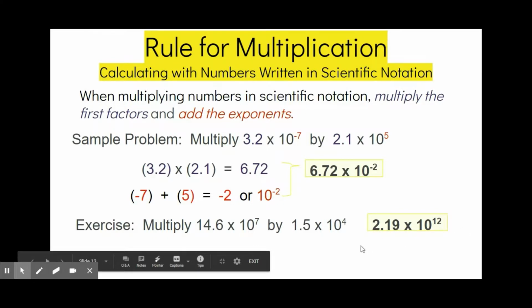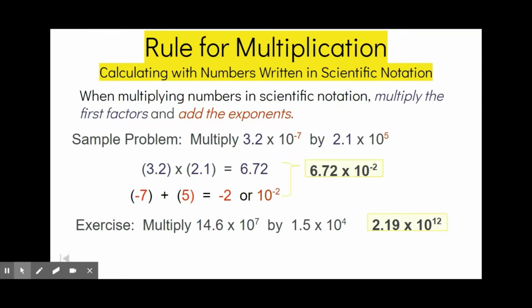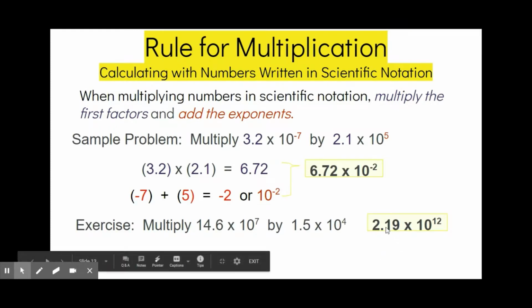But the goal of scientific notation, remember, is to get the decimal point behind the first non-zero number. And that means that it should wind up as 2.19, not 21.9. That does also mean that your exponent here would change from an 11, despite 7 plus 4 equaling 11, to a 12, because you will have moved your decimal point one more time.